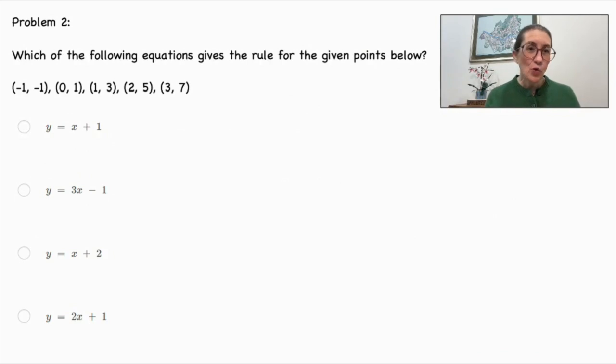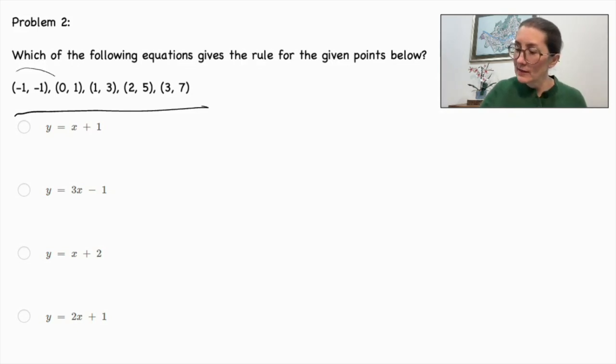Problem number 2. Which of the following equations gives the rule for the given points below? So here are our data points, and we've got each of these. Let's plug the values in, and we can just see from there. So let's start here with -1 and -1. So y equals -1 plus 1, which is equal to 0.